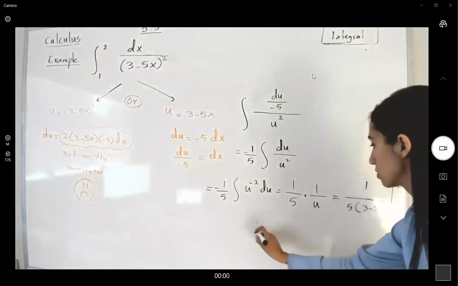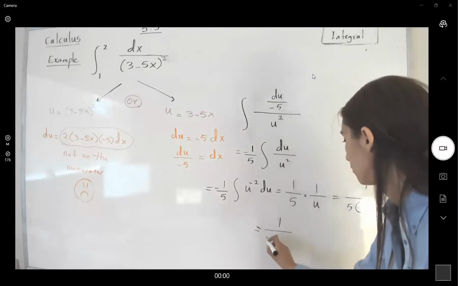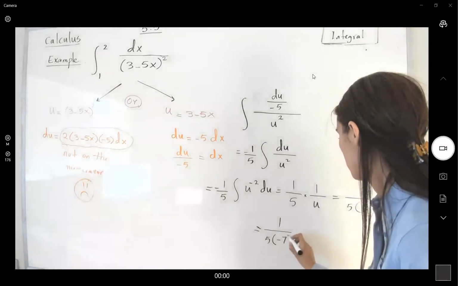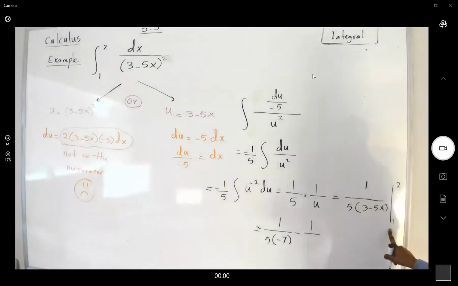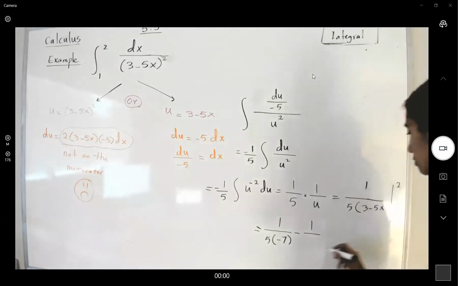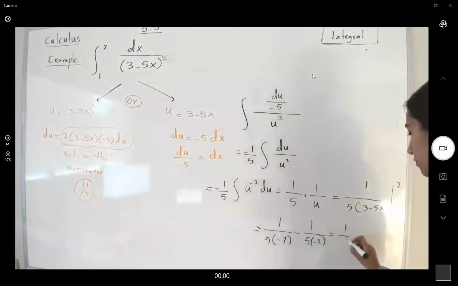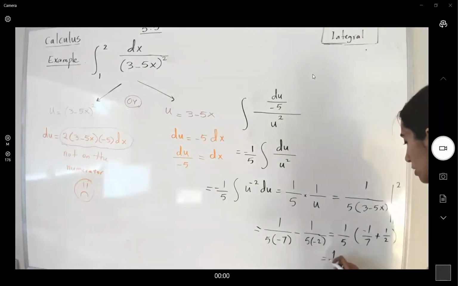So this guy is equal to 1 over 5 times, here if I plug in 2, I get 3 minus 10, negative 7, minus 1 divided by, if I plug in 1 here, I get 3 minus 5, negative 2, 5 times negative 2. So you could just write a fifth in front of negative 1 over 7 plus a half, which is 5 divided by 14. So it's going to be 1 over 14.